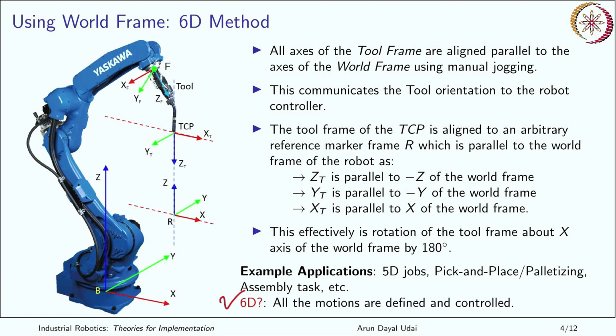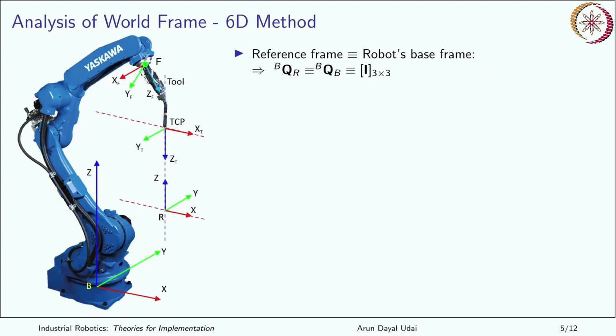It is 6D because all the motions are defined, constrained, and controlled. Now, what does the robot controller do inside once you align it, and how does it find the transformation from here to here? Your reference frame with respect to the base is the same as the base with respect to the base, that is I3.